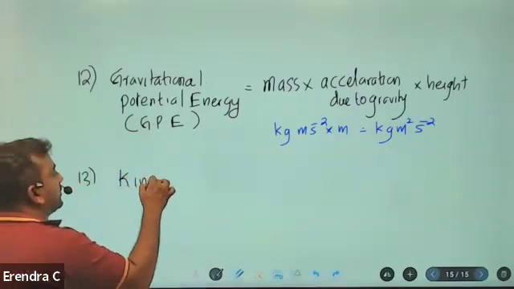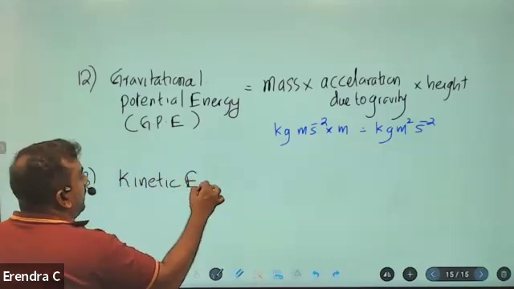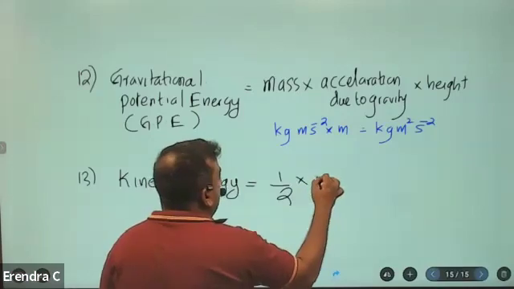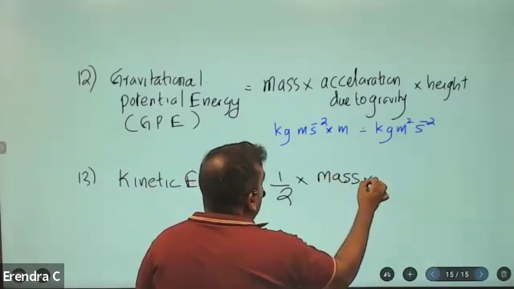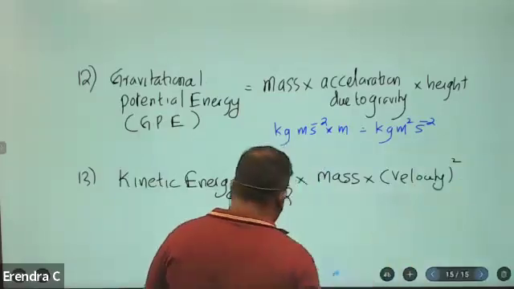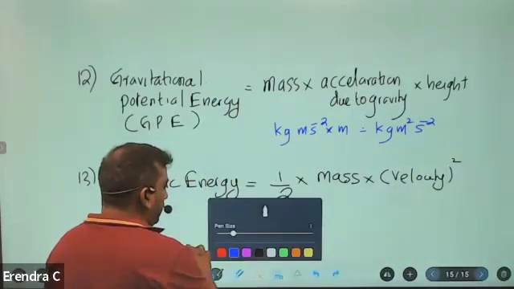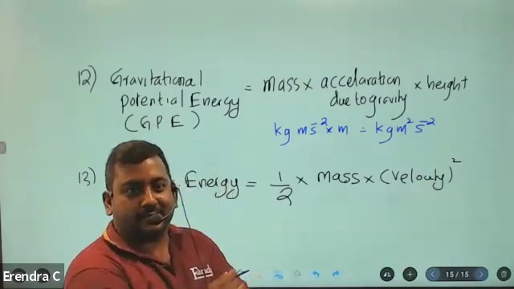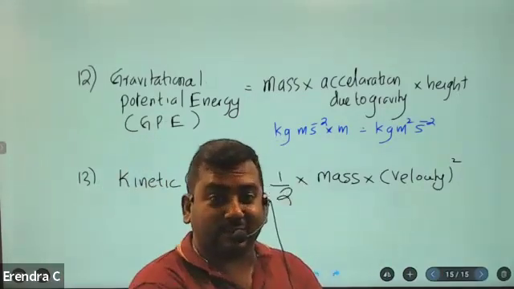Right. 13th. Work done, GPE done. Kinetic energy. What's the equation? Half into mass into velocity squared. Right, very good. Tell me now, what is the unit of half? Half unit, not the value.